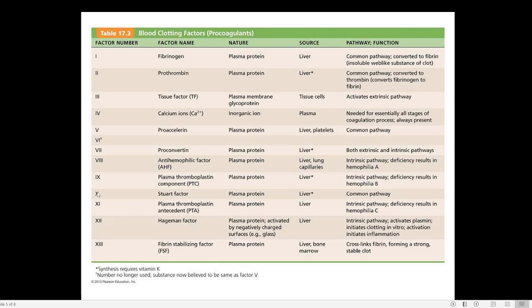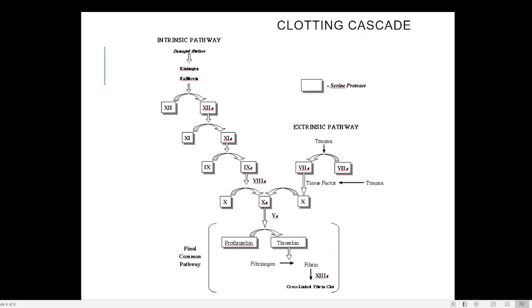Here you can find that factor number 10 is popularly known as the Stewart factor. The Stewart factor should be in an active form. When Stewart factor is converted into active Stewart factor, it will work on prothrombin, converting it into thrombin, and thrombin will convert fibrinogen into fibrin.